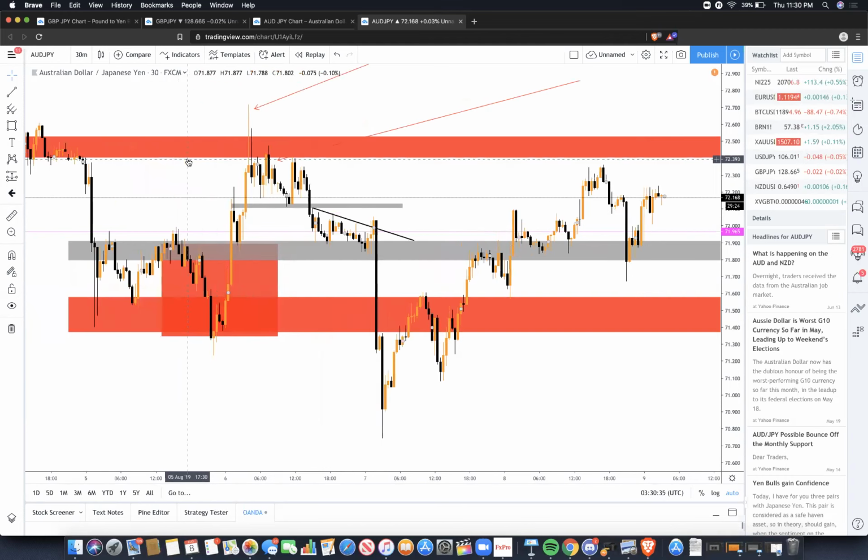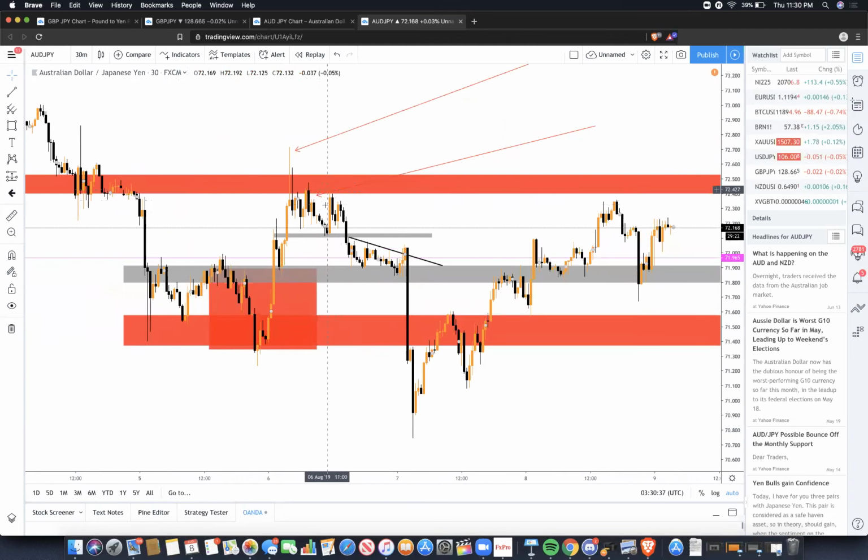Once I saw that the market was unable to hold above this zone here of 71,800, where all these candles were having trouble breaking, and it couldn't break back above the 72,100 area where this supply area was, I should have gotten out of that trade. But the problem is, and this is stuff that no matter how many times you work on it, it's gonna happen.